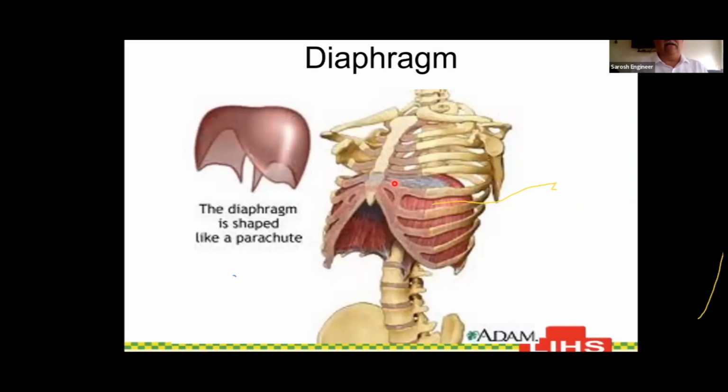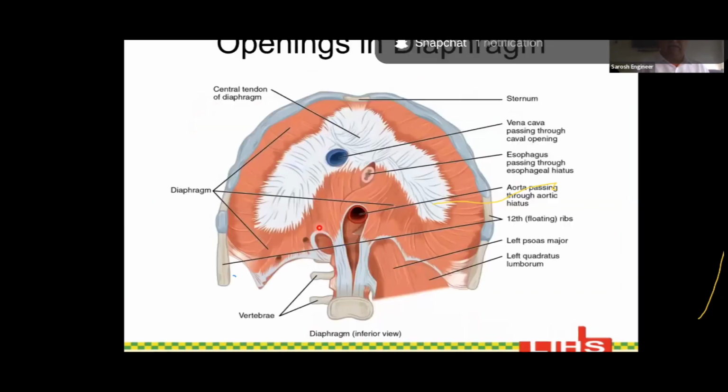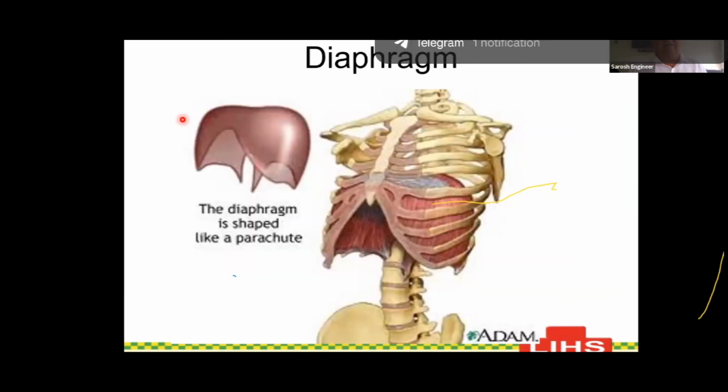This is again giving you an idea of the diaphragm. The diaphragm is like this. And where you see this whole black thing inside, that is where the liver is going to be. And this is where the lung is going to be. Okay. So that is that much. This, if I lift the diaphragm from here upwards like that.